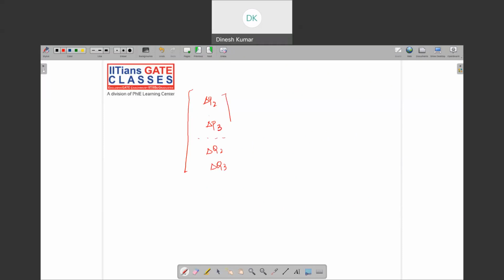Just take two buses, that will be easier. Here P is a function of delta and V. That is dou P2 by dou delta 2, dou P2 by dou delta 3, dou P2 by dou mod V2, and dou P2 by dou V3.